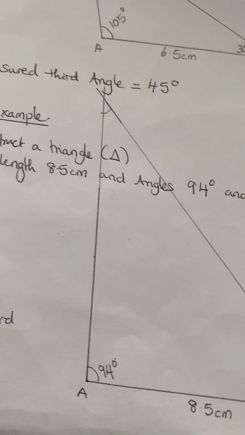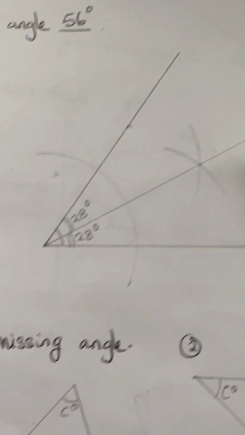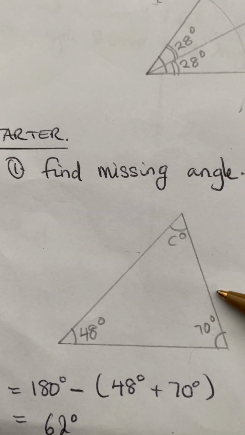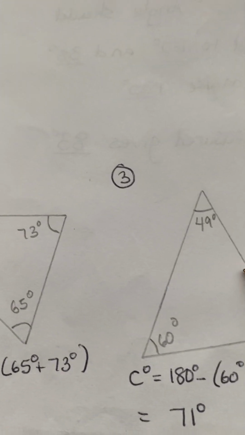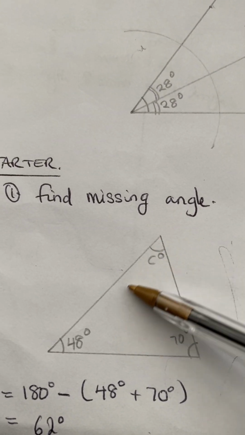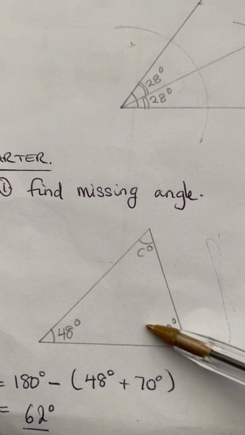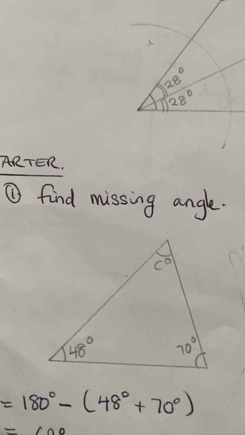So today, what have we been doing? We did a recap of an angle bisector. We did a starter, finding missing angles using the theory of 3 angles in a triangle adding to 180.